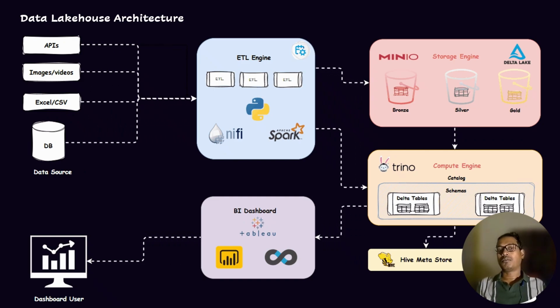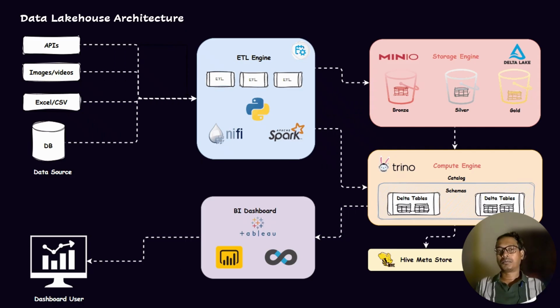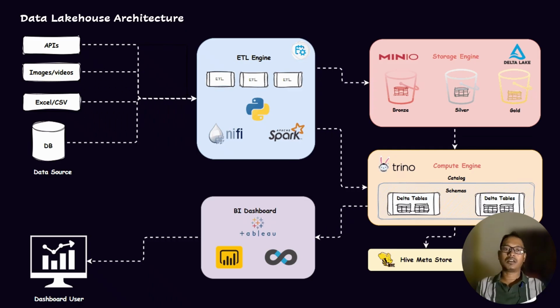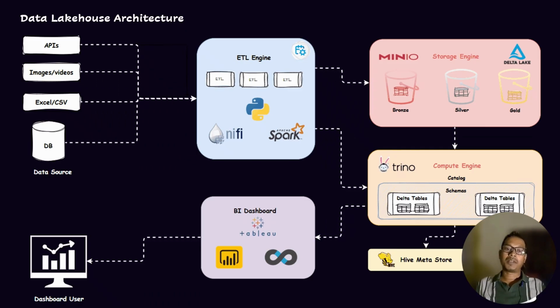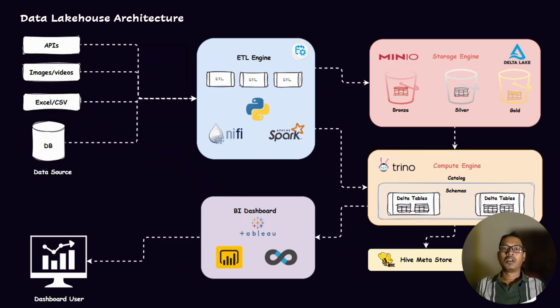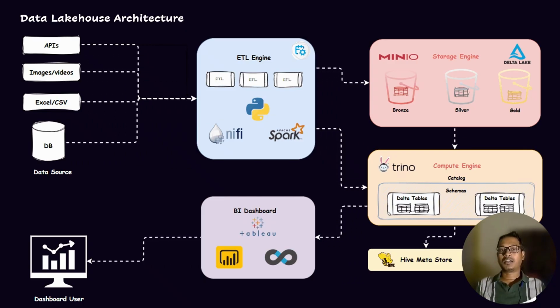Then you connect that data with ETL pipelines. For the ETL pipeline, you may use plain Python, Apache Airflow, which is also an open source tool, or you can use Apache Spark if you want to transform your data in distributed mode.